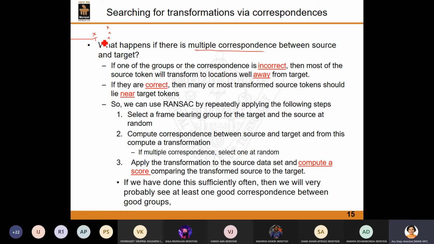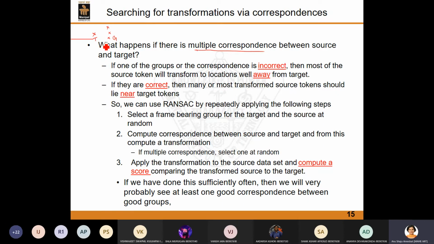Then how does it decide which one is the closest point? It can be any of these. So what if there are multiple correspondences between a point in the target image and the points in the source, or the transformed source image, which is basically G?